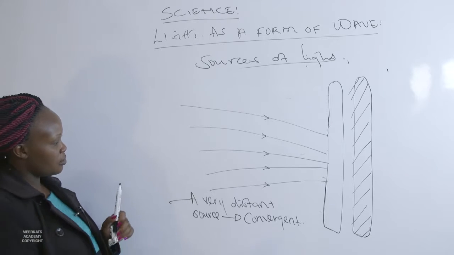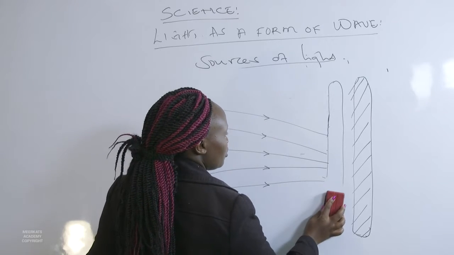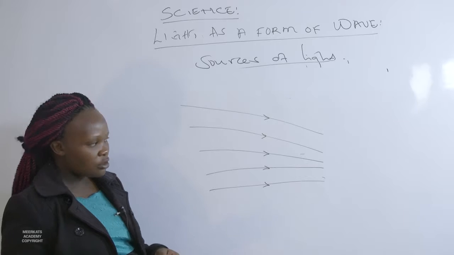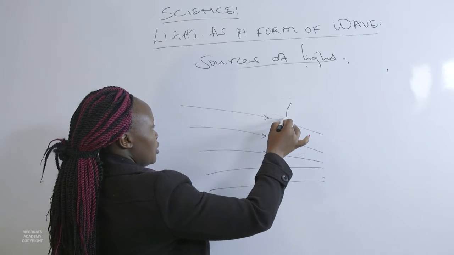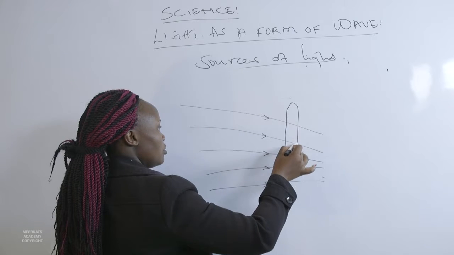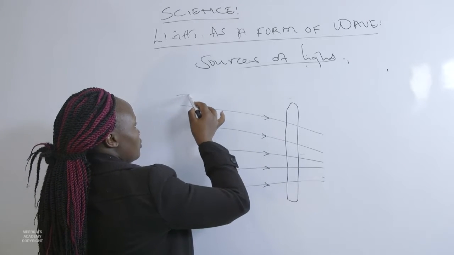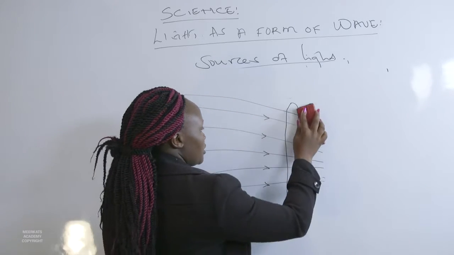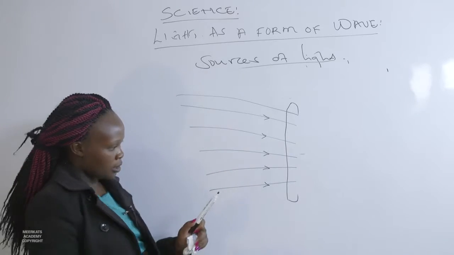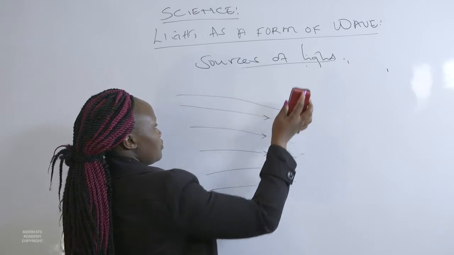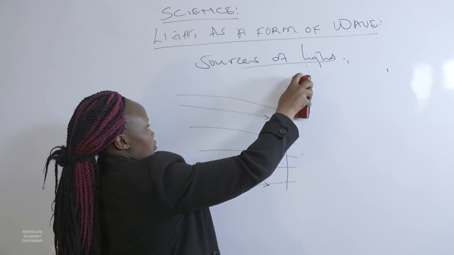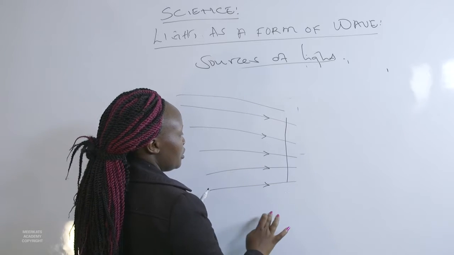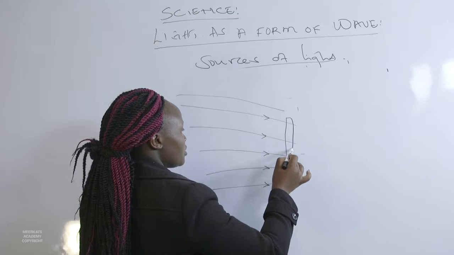Now, suppose you have the same source, but now your obstacle is a bit close, so that you have your obstacle at a point like that, for example. And then you have a convergent beam. You expect that there could be some spillovers.